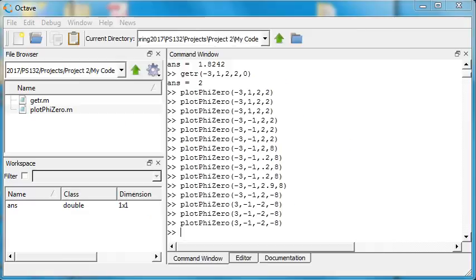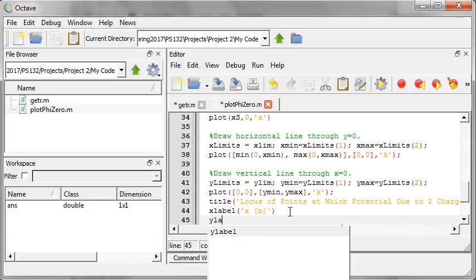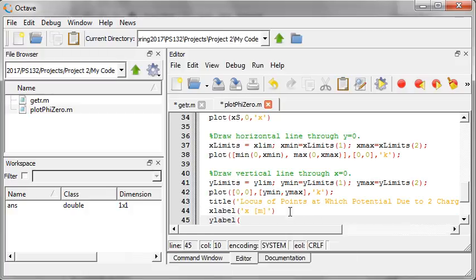And ylabel, Y in meters. That's supposed to be meters. The close quote goes around the end of the whole axis title.